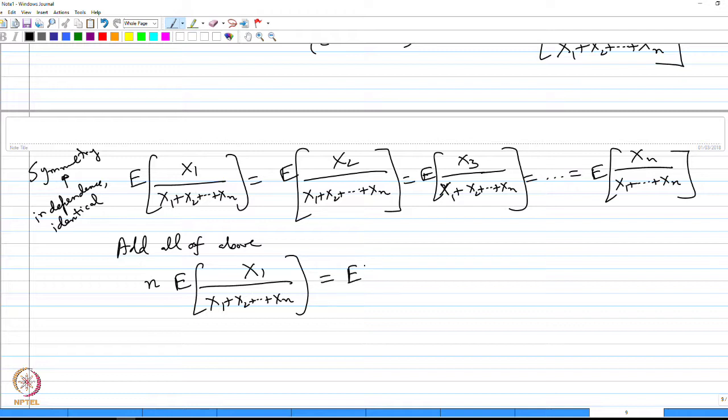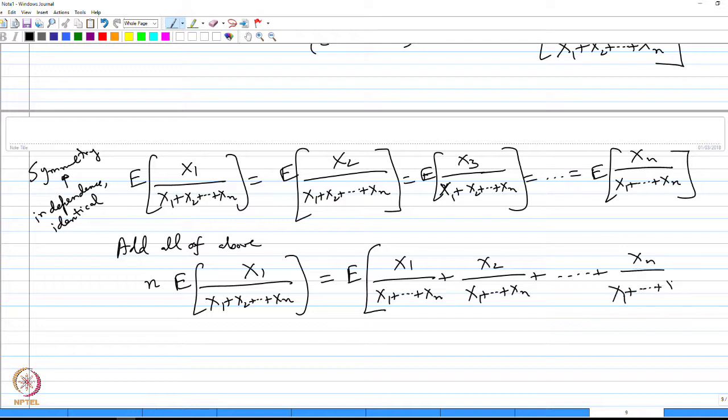So this is just the expected value of x1 by x1 plus up to xn, plus x2 by x1 plus up to xn, plus dot dot dot, plus xn by x1 plus up to xn. This is by linearity of expectation. Expectation distributes over addition.